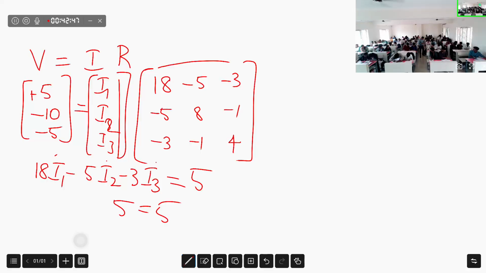So del is equal to 99. Check. Del 1 value 150. Del 2 is minus 240. Del 3 minus 480.